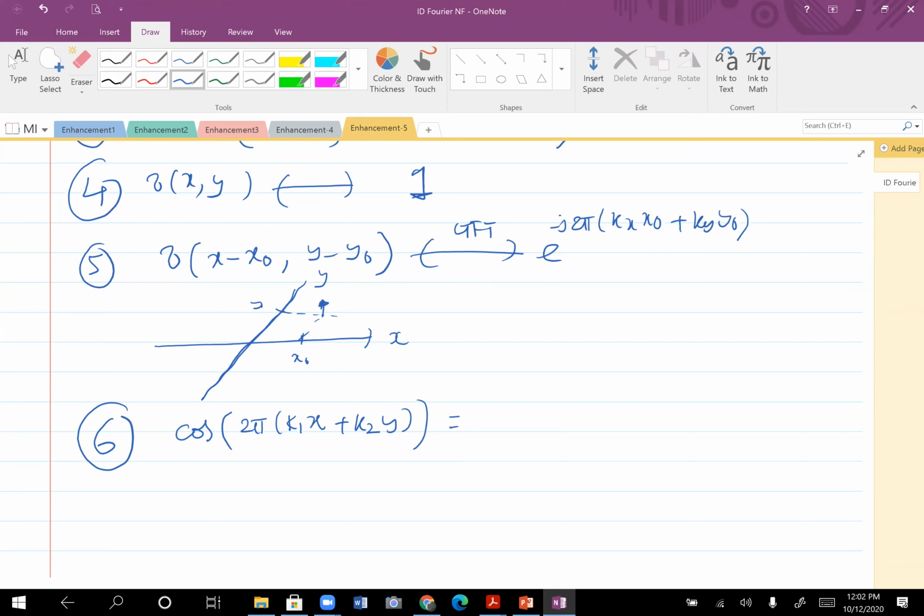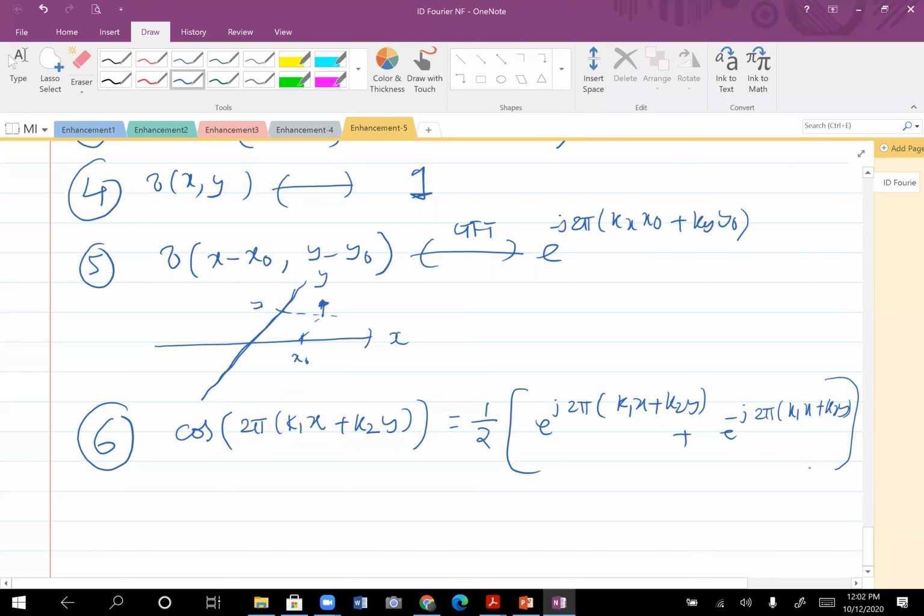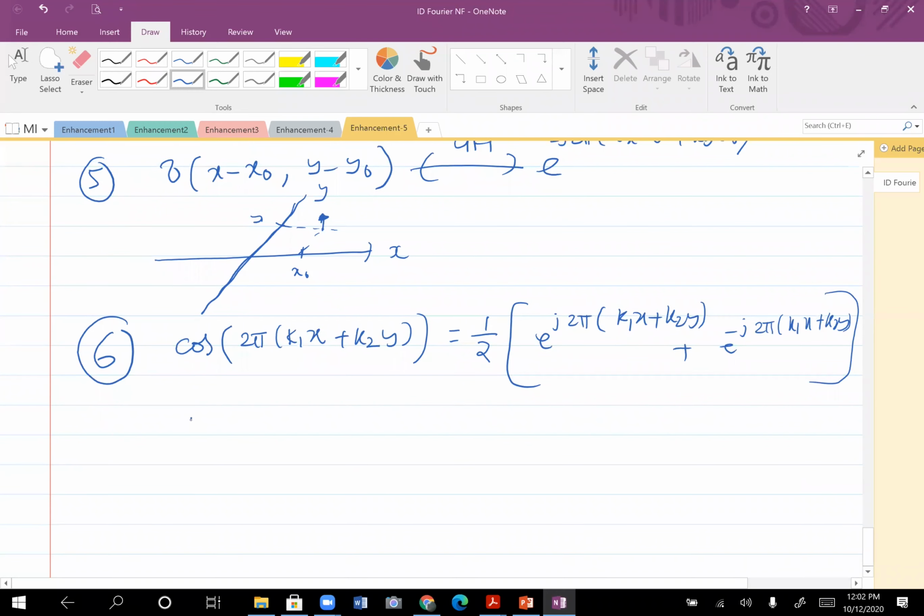First we will convert into exponentials. Right. So how should I write here? 1 by 2 into (e power j 2 pi (k1 x plus k2 y) plus e power minus j 2 pi (k1 x plus k2 y)). Correct. So that's how it is there for cosines, and then what would be the CTFT of it?